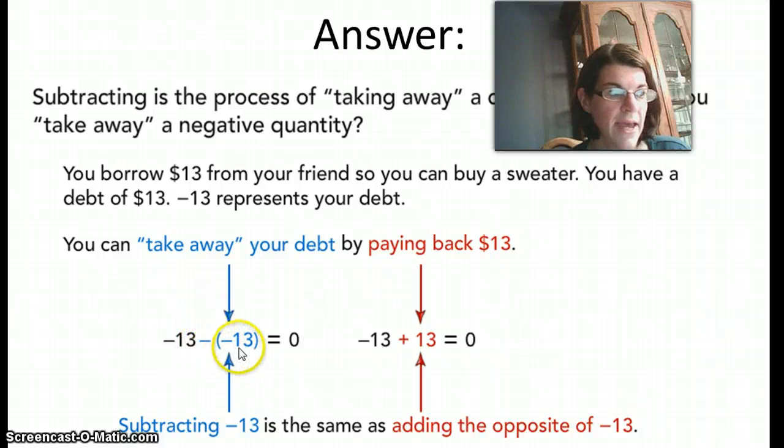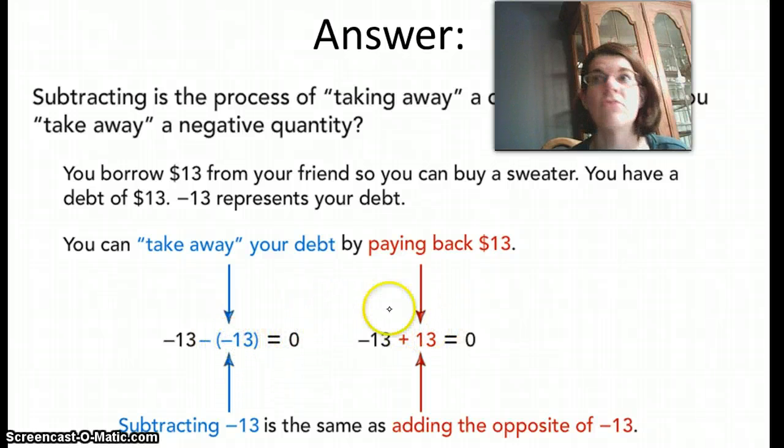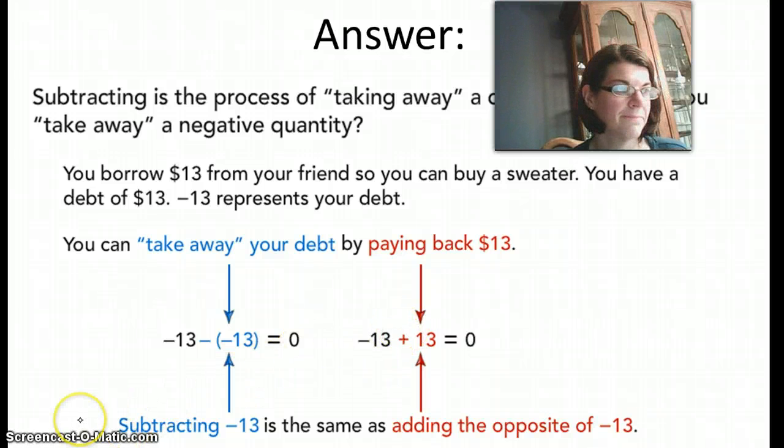Taking away a debt is adding that back in or paying that back. So in red here we have negative 13. You're paying back your debt of 13 and getting 0. So it explains how you change the subtraction to addition, and you change the sign on the second number from a negative 13 to a positive 13.